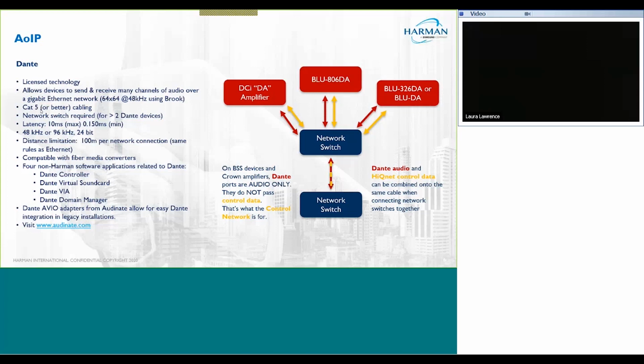So just keep that in mind, that there's always a trade-off, and the trade-off here is CPU usage versus latency. Again, it supports 48 and 96 kilohertz sampling, and it's fixed at 24-bit. Just like everything else, it's 100 meters. Also compatible with fiber.